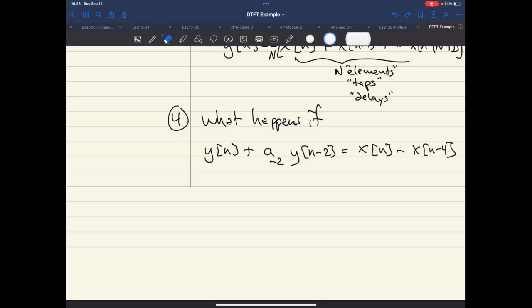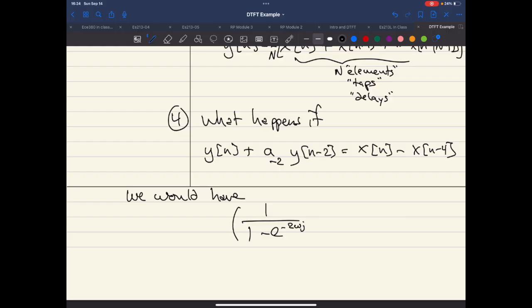Let's see here. So fundamentally, everything's going to look kind of the same, except we'd have 1 over 1 minus e to the minus 2jω for this guy here.